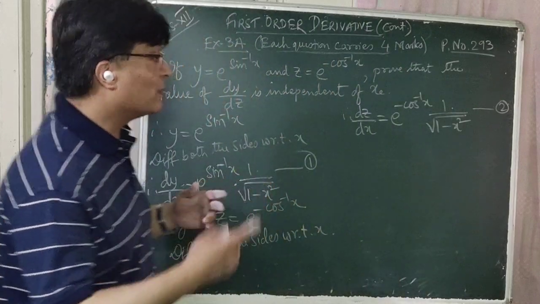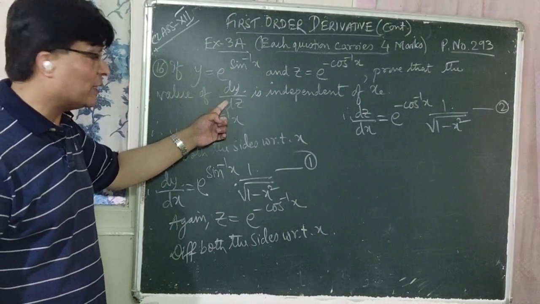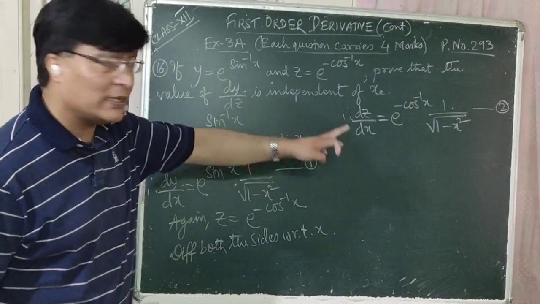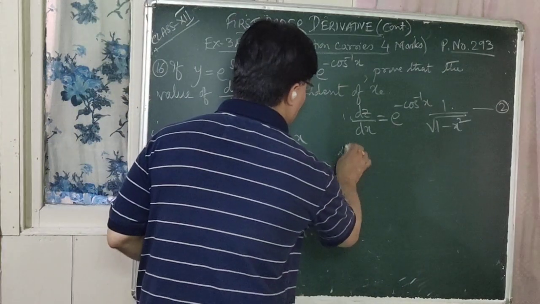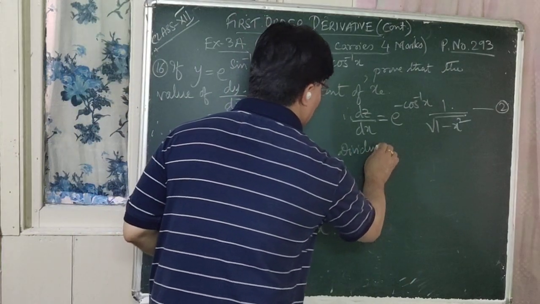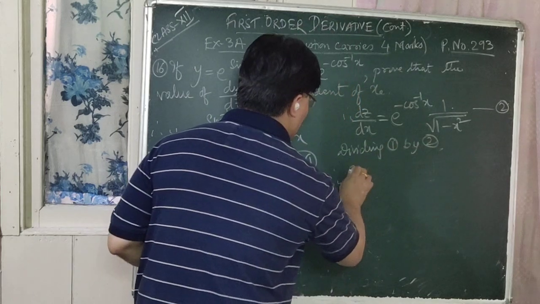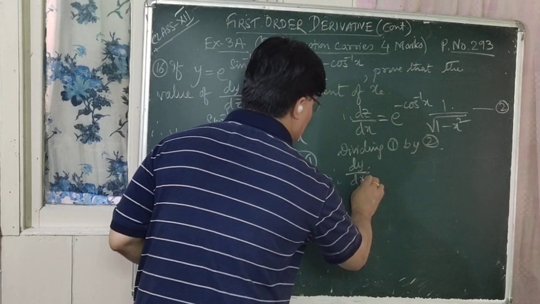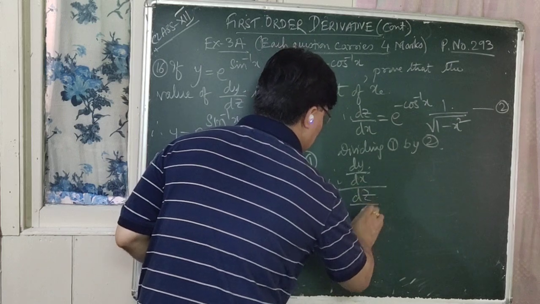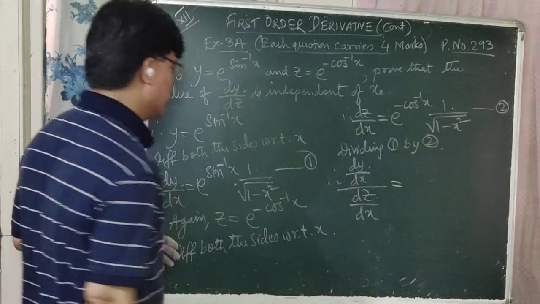Now what is to be determined? You have to find out the value for dy by dz. That means dividing 1 by 2. So dividing 1 by 2, what do we get? dy by dx divided by dz by dx is equal to.